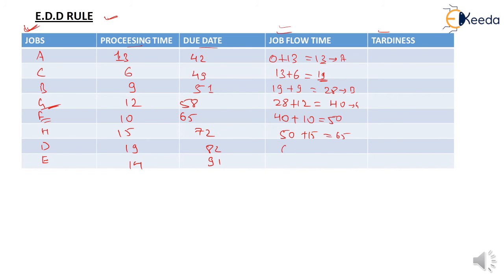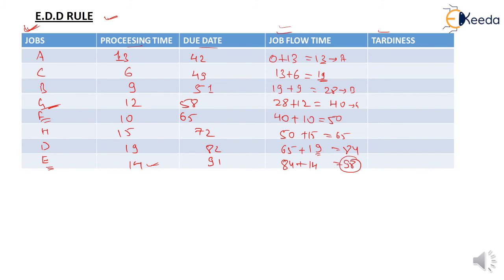Similarly for D, after 65 minutes our machine is free, and insert the D job, and the processing time is 19, so 65 plus 19 is nothing but how much, 84. After 84 minutes our machine is free, so the E job is inserted, plus the processing time is 14, so how much, here 98.